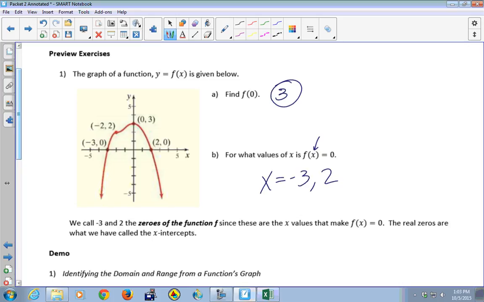Good. So we call -3 and 2 the zeros of the function f, because those are the x values that make f of x equal 0. The real zeros are what we have traditionally, before today, called x-intercepts. Now you can also call them zeros.